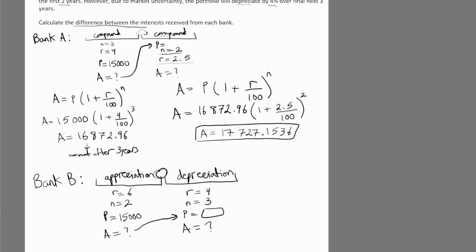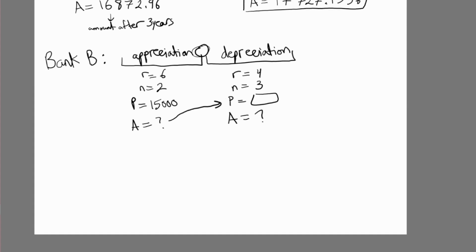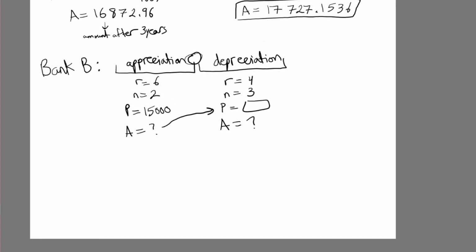Okay. So now let's solve. So firstly, we're gonna find the appreciation. So total amount is equal to the principal multiplied by 1 plus r over 100 to the power of n. And so amount is equal to 15,000 multiplied by 1 plus 6 over 100 to the power of 2.